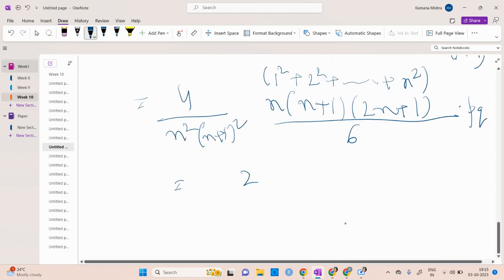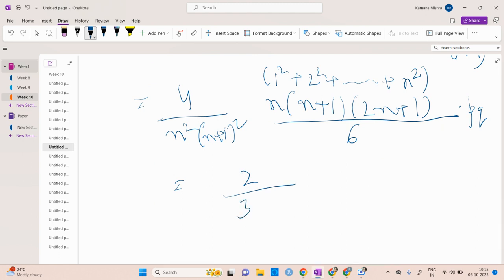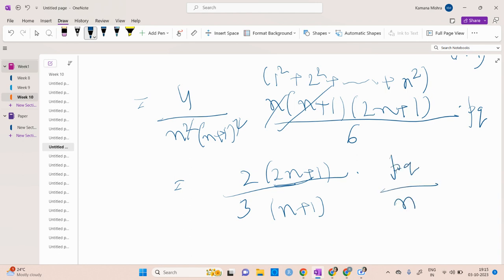So this will be 2 by 3, and then n will cancel out, and one n plus 1 will cancel out. So above we have 2n plus 1, I think, and here we have 3(n plus 1), and we can write pq upon n, right?